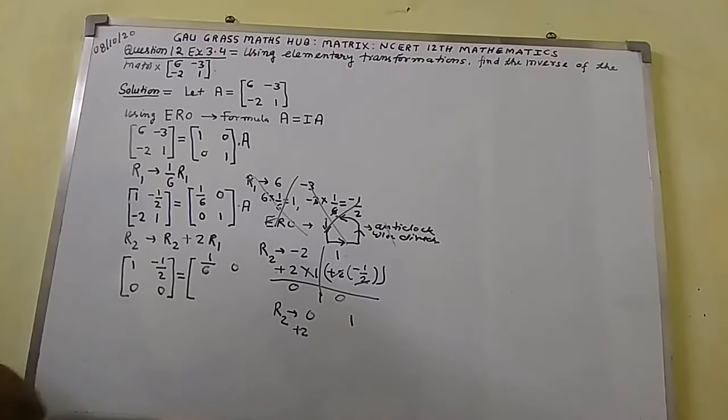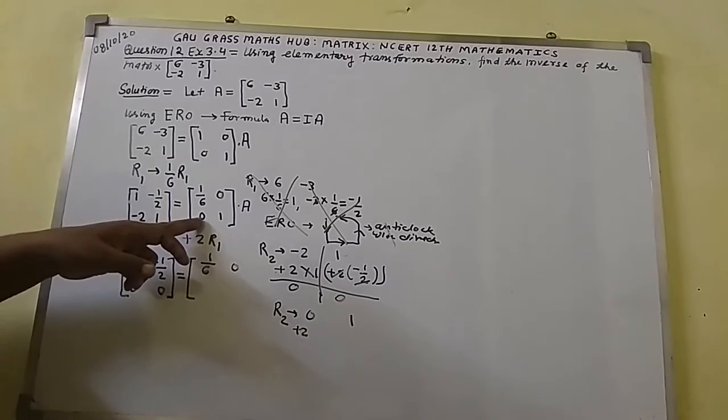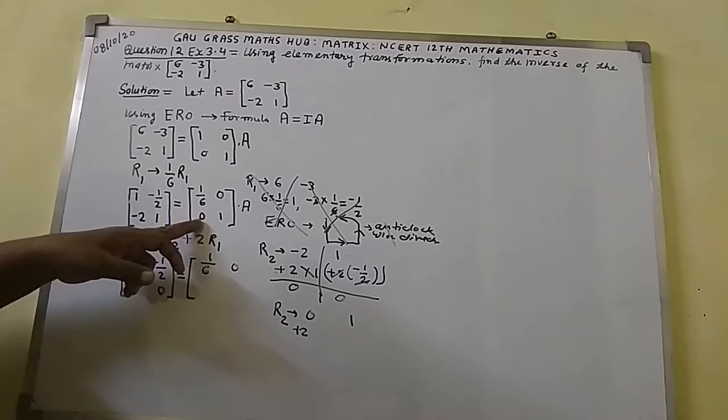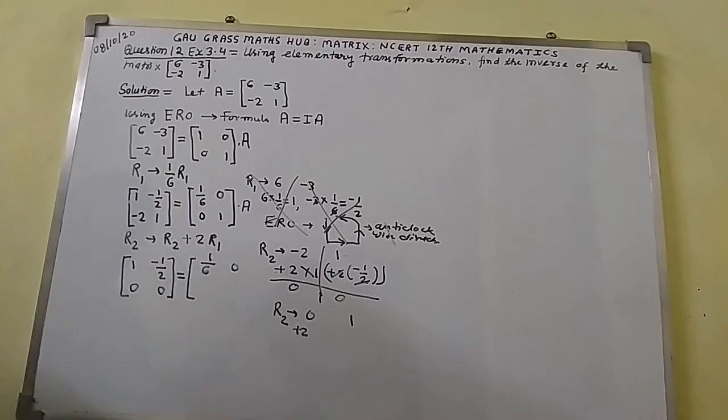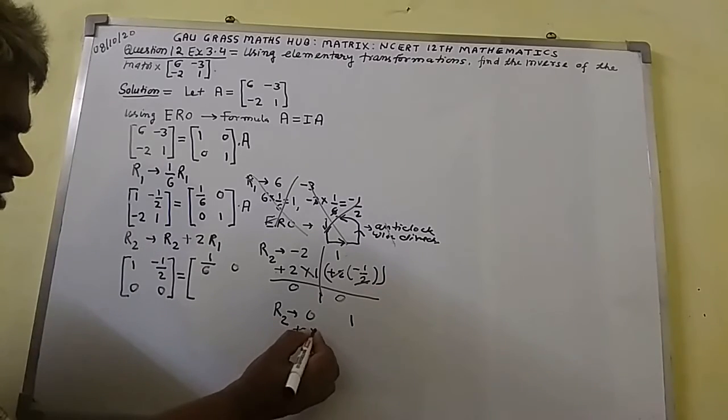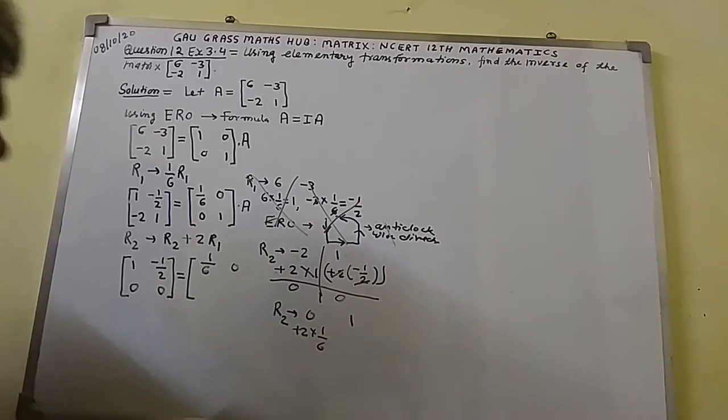And R1, the respective element of 0 in R1 will be 1 over 6. So here I shall write 1 over 6.